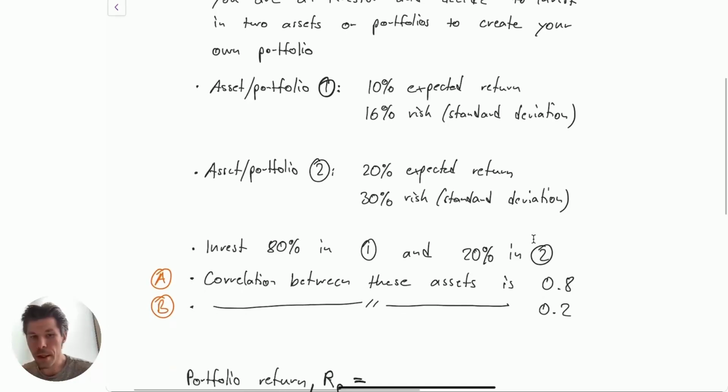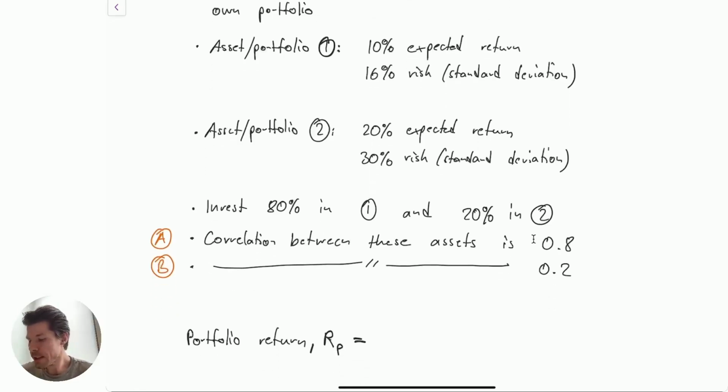We assume you invest 80% in asset number one and 20% in asset/portfolio number two. One information that we need is the correlation between these two assets. We do two cases. The first one is a correlation of 0.8 and the other one is a correlation between those assets of 0.2.